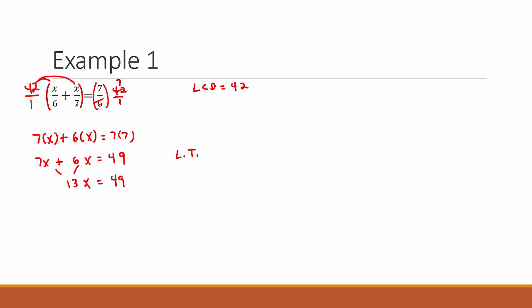The last step is to make this into 1x, so I divide both sides by 13. 13 divided by 13 is 1, so that makes 1x equals 49 over 13.